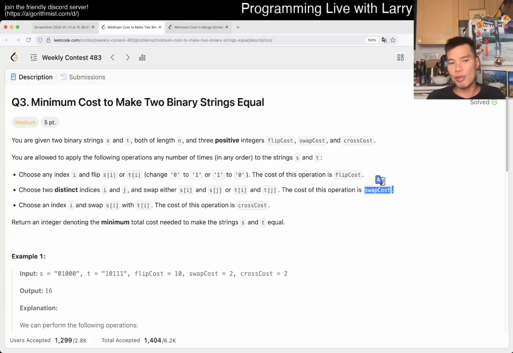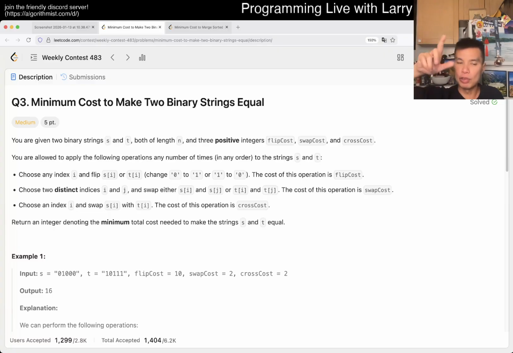And then the second way is to use this cross cost. The cross cost doesn't make sense to me by itself, right? I was trying to make sense of it by itself, but it doesn't, because if it's incorrect, it'll stay incorrect. The only way you use a cross cost is you cross it and then you flip it. But if you're going to do that, you could just flip it, so you don't need it. So that's silly.